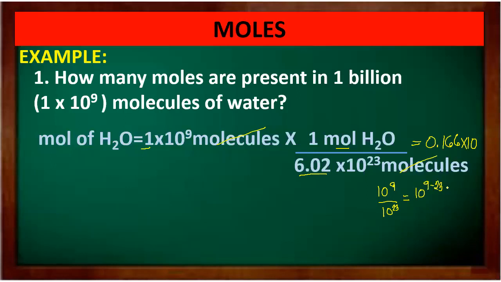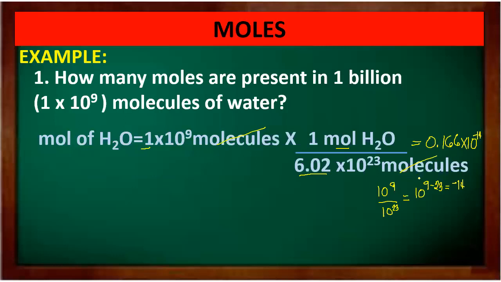Okay, so proceed. 9 minus 23, you proceed with subtraction and you carry the sign of the biggest number. So since dito mas malaki si 23, so 9 minus 23 is actually 14, and that is negative, so negative 14. So our answer here is negative 14.